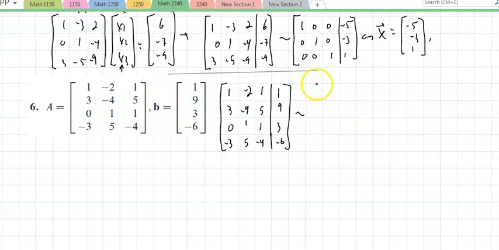And if I map this and work it out, what I end up with is a 1, 0, 3, and a 7, a 0, 1, 1, and a 3, a 0, 0, 0, and a 0, a 0, 0, 0, and a 0.